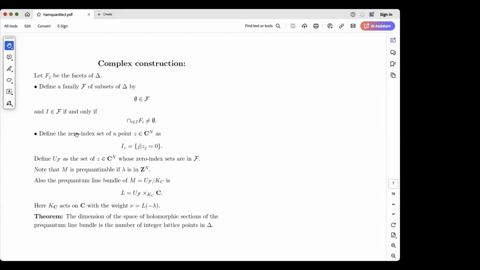We define the zero index set of a point z in C to the n, I'll call it I sub z, that is the set of j where the coordinate z sub j is equal to 0. I define U subscript F as the set of z in C to the big N whose zero index sets are in script F.